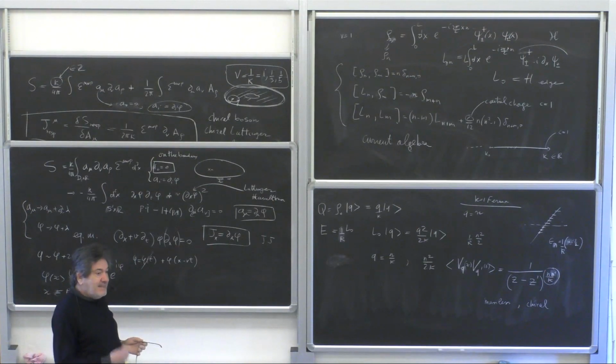The funny thing is that what was a gauge degree of freedom on the boundary becomes a physical degree of freedom, but it remains compact because it was an element of U1.